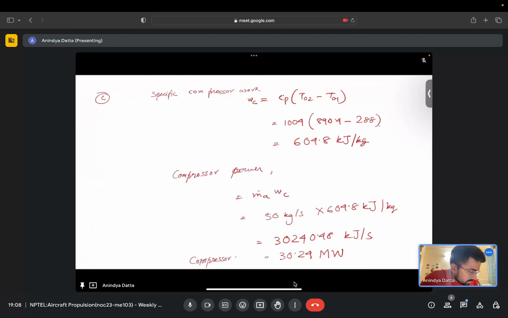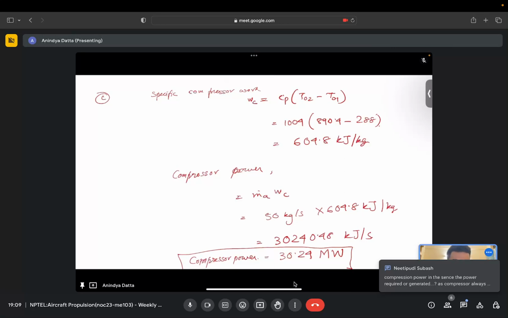Okay, so always make sure when solving this question, be careful of the units, what is exactly asked. If it's specific work, it should be in kilojoule per kg. When it says power, the unit is watt, and in that case we have to multiply it with the flow rate of air to compute the total power.